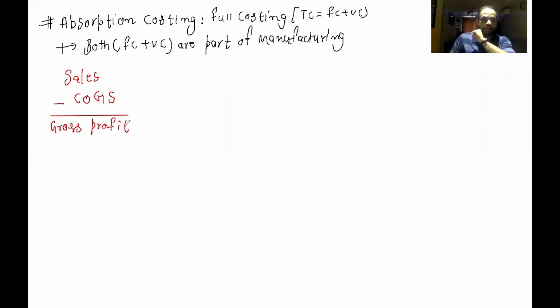All right. So sales minus cost of goods sold is gross profit, minus non-manufacturing cost. Non-manufacturing cost. That is net profit.